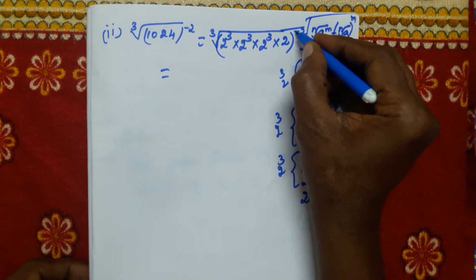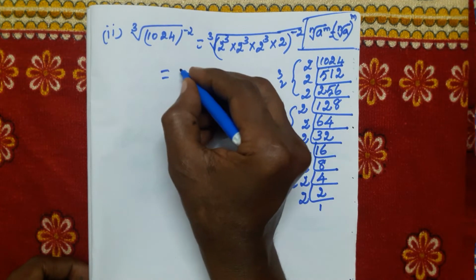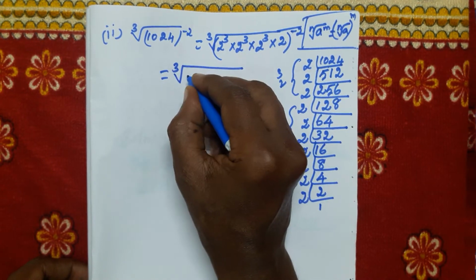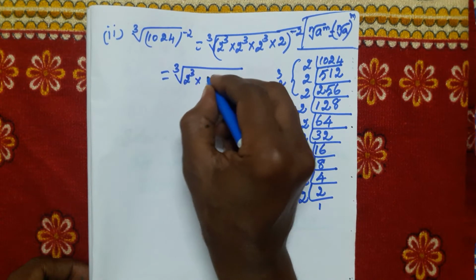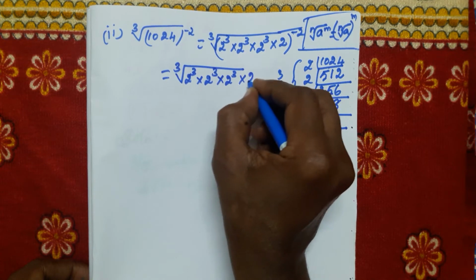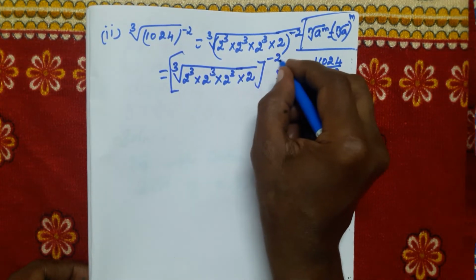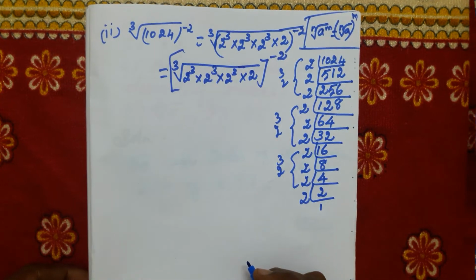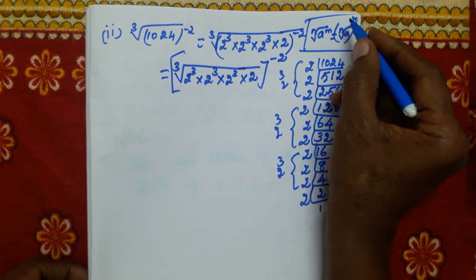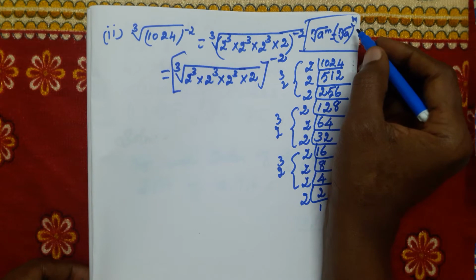Now this power of minus 2 will come outside. So using that law, we get cube root of 2 cube into 2 cube into 2 cube into 2 the whole power minus 2. Have you all understood this?